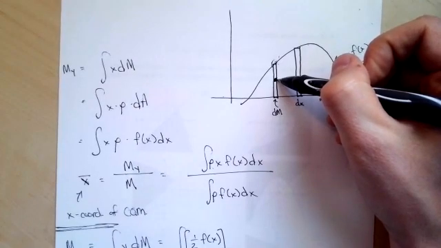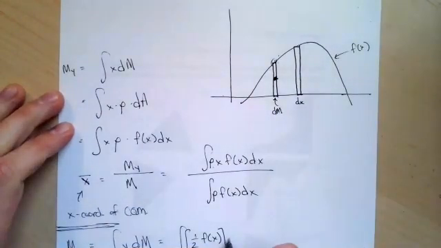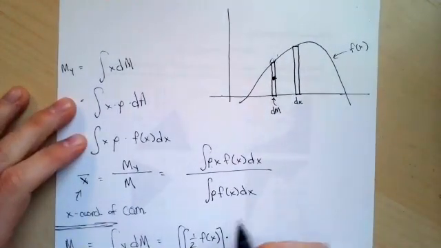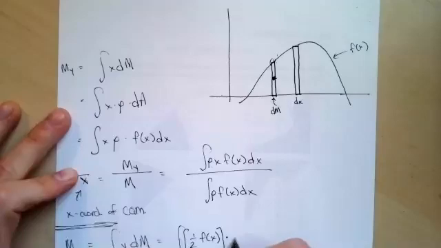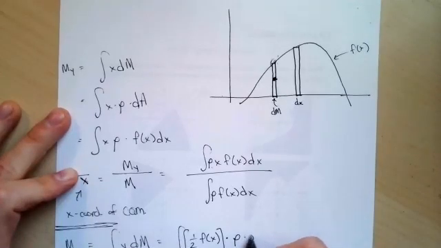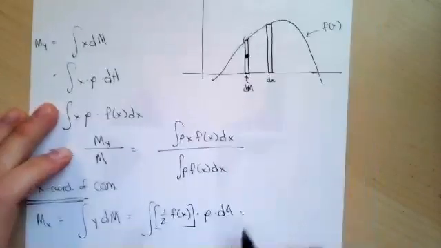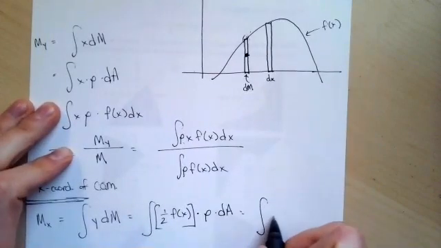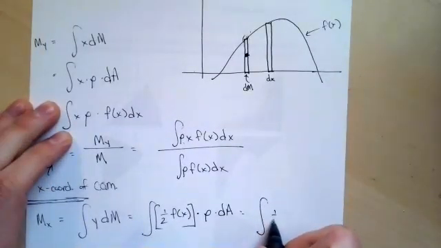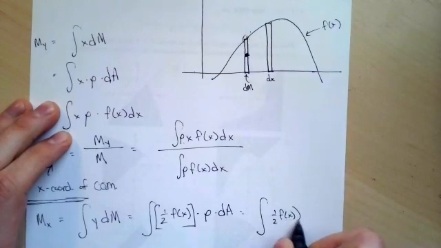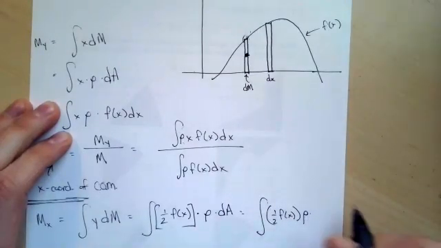And then our dm, once again, is just going to be delta times dA, which is going to be f of x dx.